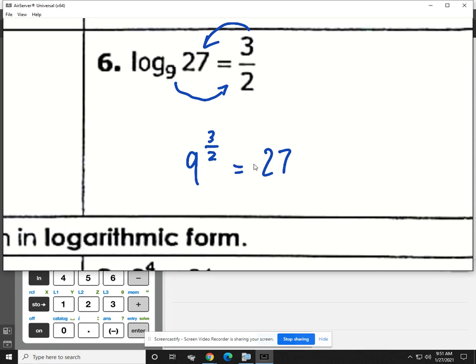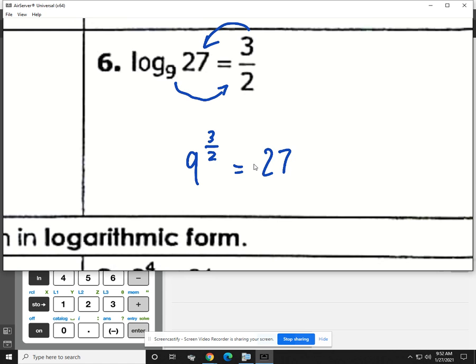Remember, the denominator is the root, square root of 9 cubed. So 9 cubed is what? What's 81 times 9? 729? So it's the square root of 729. 27. Okay? Does that make sense?